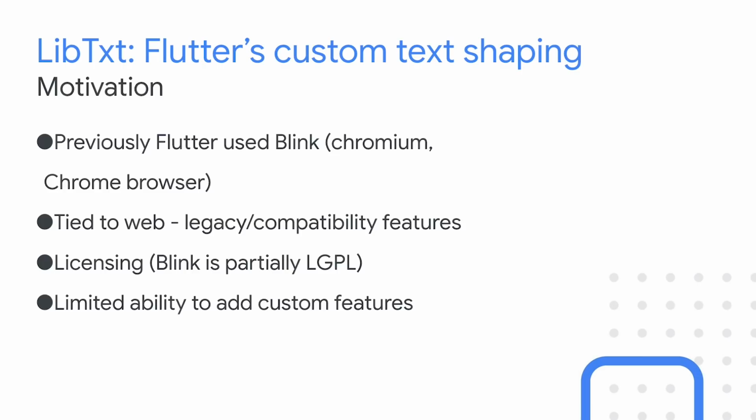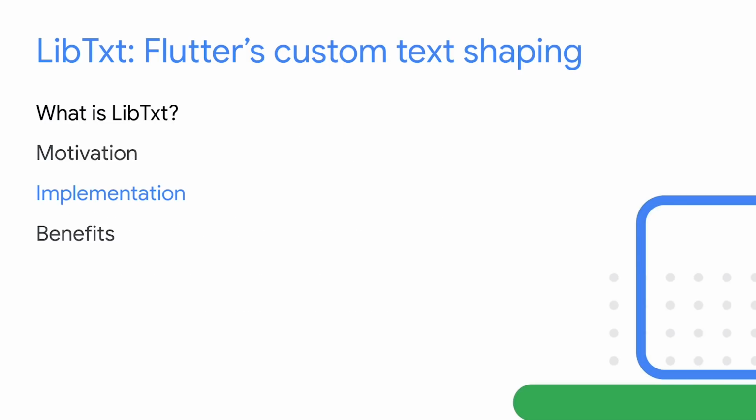This meant that Flutter had to keep all of those features, even if we didn't want them. In addition, Blink is partially LGPL licensed, which isn't as open as we wanted Flutter to be. And finally, we're unable to customize Blink, because you can't just change the entire web because Flutter wants to change something.